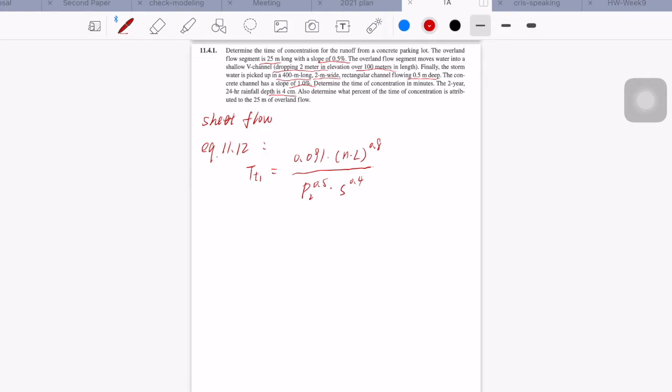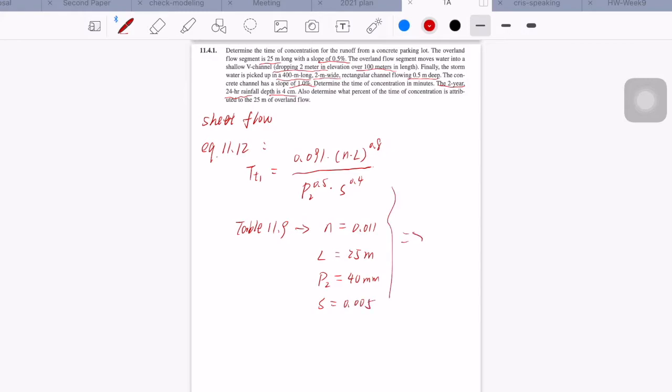And based on the table 11.9, we can find that the n for the concrete parking lot should be equal to 0.011, and we know the length L equals 25 meters, and the P2, the 2-year 24-hour rainfall depth, is 4 centimeters, so P2 equals 40 millimeter, and the S equals 0.005.